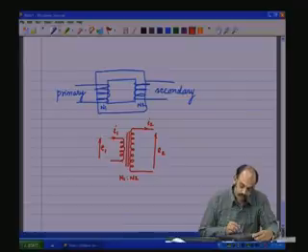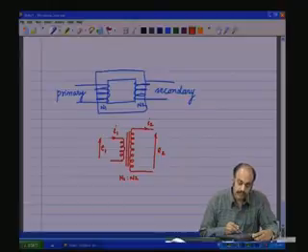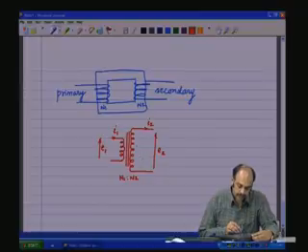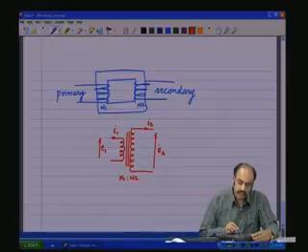Now, here we have fewer turns on the primary side and more turns on the secondary side. This would in general imply that the primary voltage is smaller and the secondary voltage is larger, and it is a step up transformer.